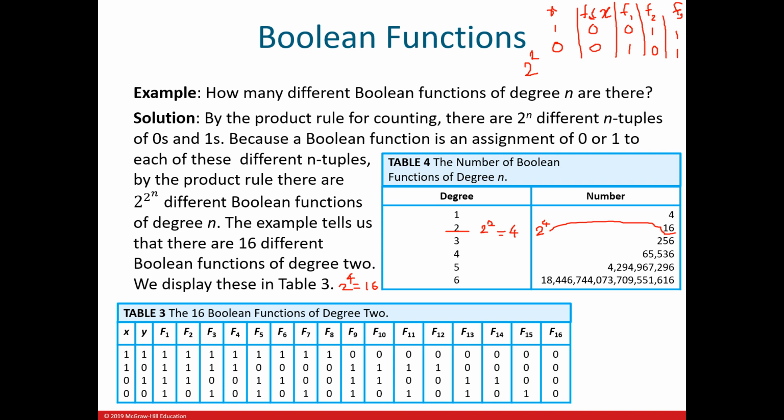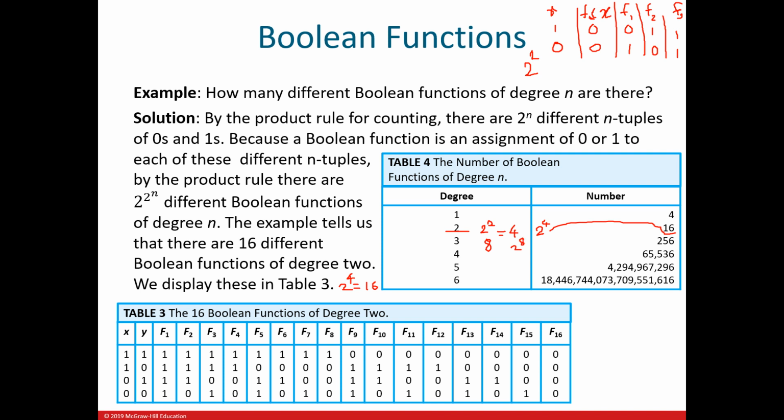When our degree goes to 3, we have 2 raised to 3, which is 8 rows, and then we can generate 2 raised to 8 functions, which is 256, and so on.